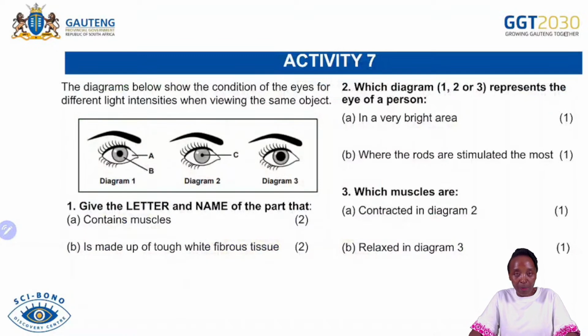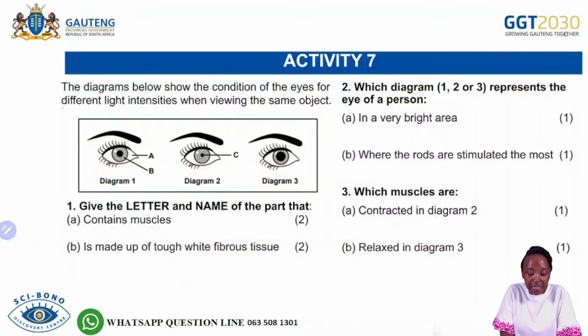So now let's look at some of the questions that were in the prelim paper and some questions from the old question papers. So you will get diagrams in the paper, and then you must be able to study the diagram and answer the questions. So we are looking at the diagram that shows the conditions of the eyes for different light intensities.